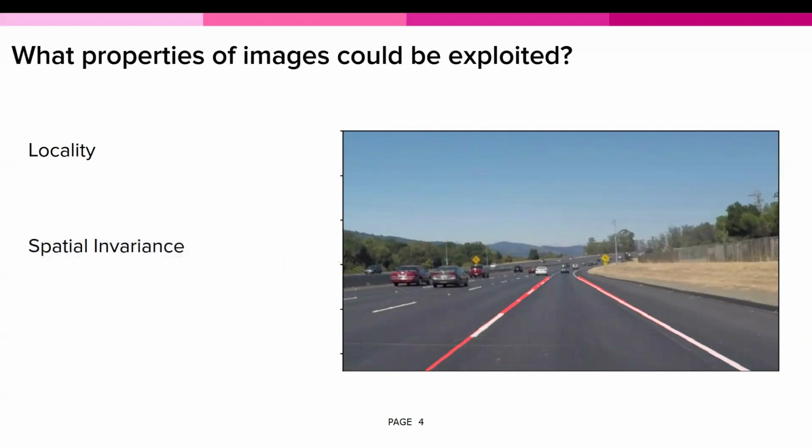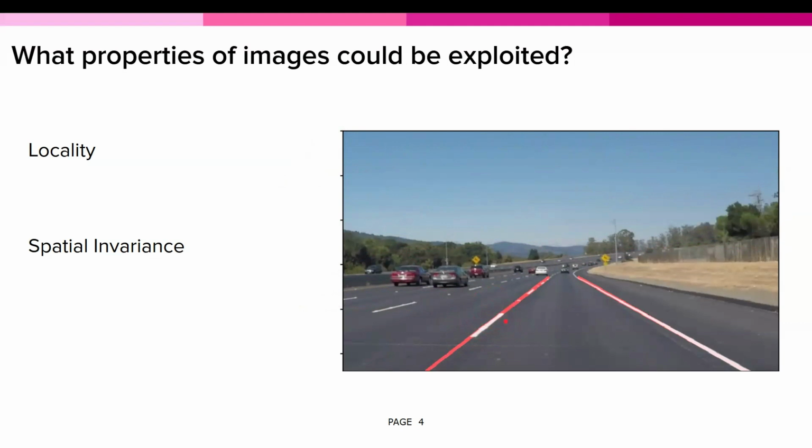A natural approach to detecting where the lane is would be to slide that patch that we defined in the last slide over the whole image. Starting off in one row, go along every column, and then eventually you would find out where that patch lined up with your actual image.